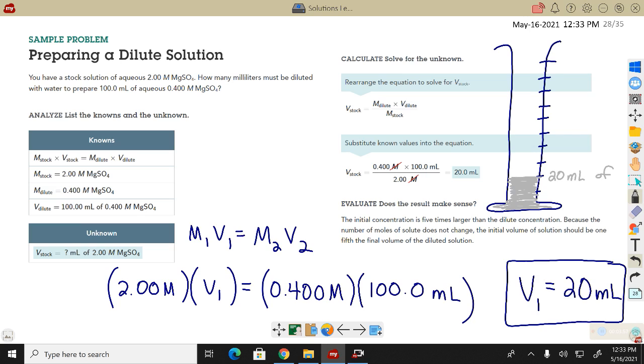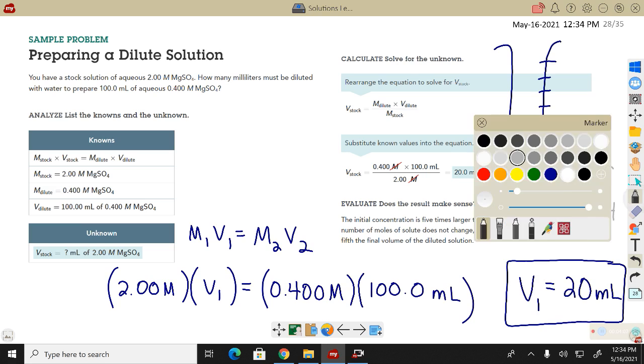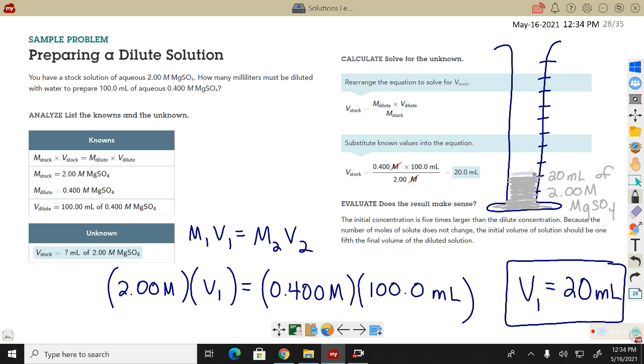So it's the original 2 molar magnesium sulfate. And then I want the final volume to be 100. So I'll go back in with my water and I would make the rest of this volume water until I hit my final desired volume of 100 milliliters.